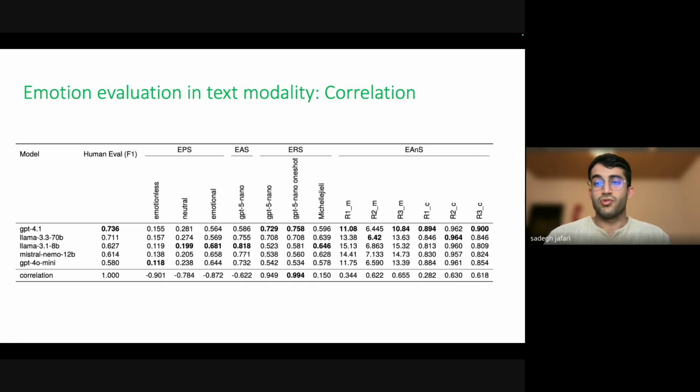So it really relies on the metric itself and the prompt that it used. And these are about the embedding scores, embedding analysis, and these are different types of metrics. But the most important one is ERS that used GPT-5 nano in one-shot or zero-shot setting.